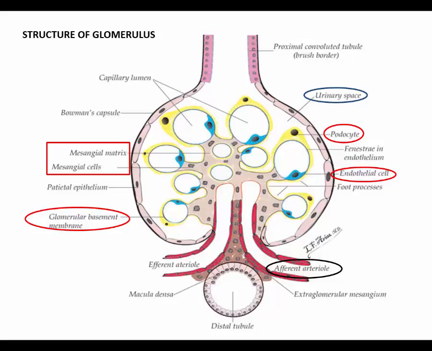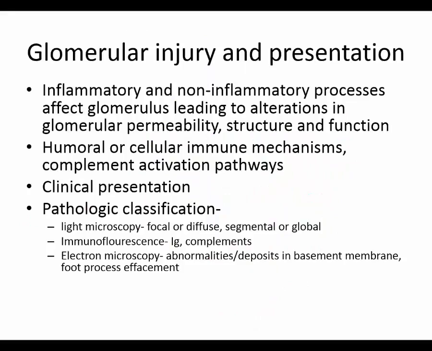And then you have the mesangial matrix, which holds these capillary loops together in the glomerulus. The other term we will be using is tubules. And then outside of this glomerulus, there's the interstitium, which is the matrix which holds the glomeruli and the tubules together in the structure.